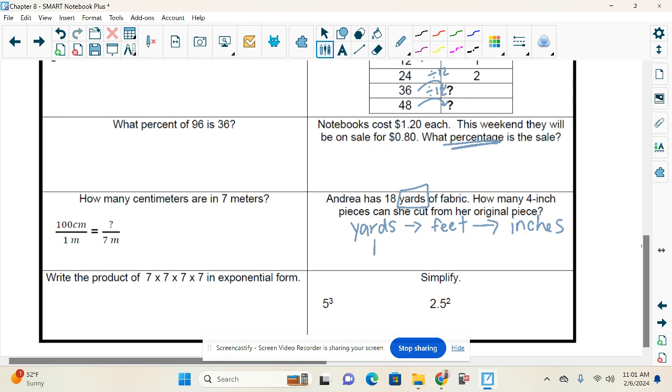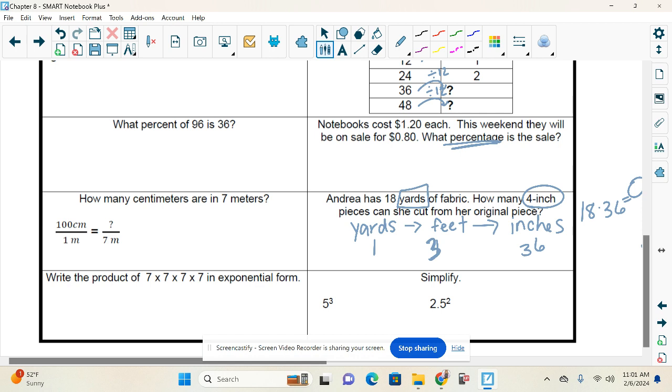Well, 1 yard equals 3 feet, which equals 36 inches. So if I have 18 yards, I need to multiply that by 36. That's going to tell me how many inches I have. Once I get the total of that, I'm going to take that and divide it by 4, and that should give me how many total pieces I can get.